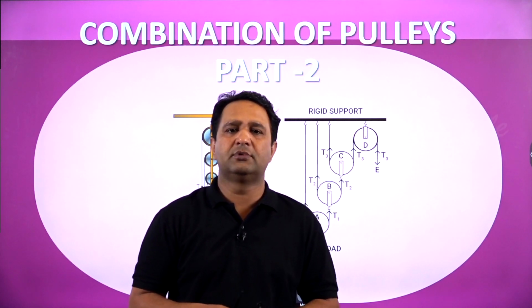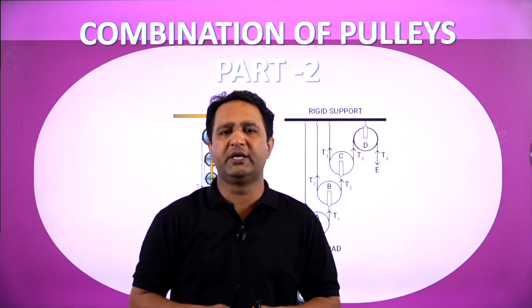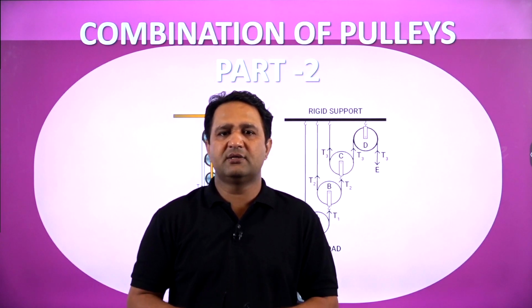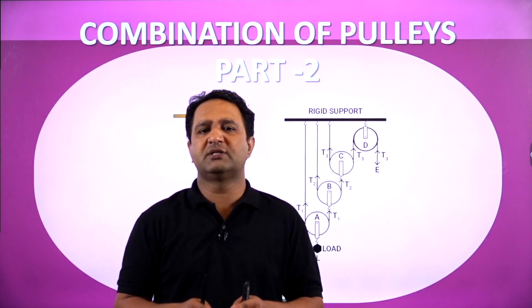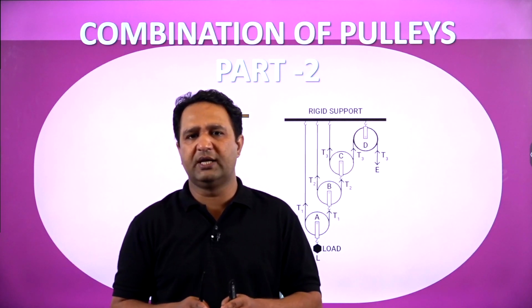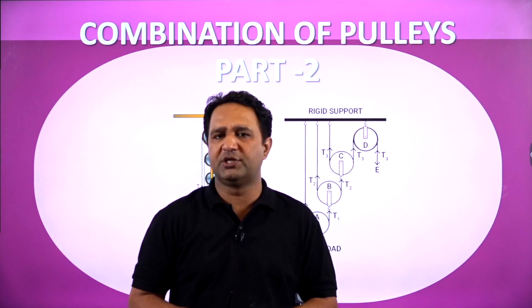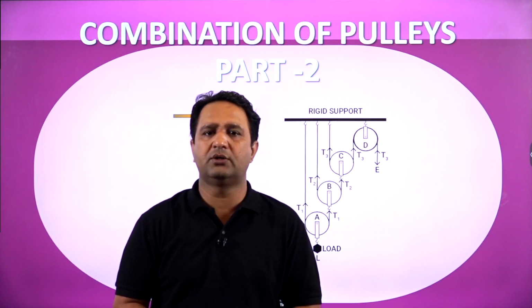The other system is the block and tackle system. We will discuss these 2 systems and see the mechanical advantage, velocity ratio and efficiency with the help of these combinations. So let's start today's session.